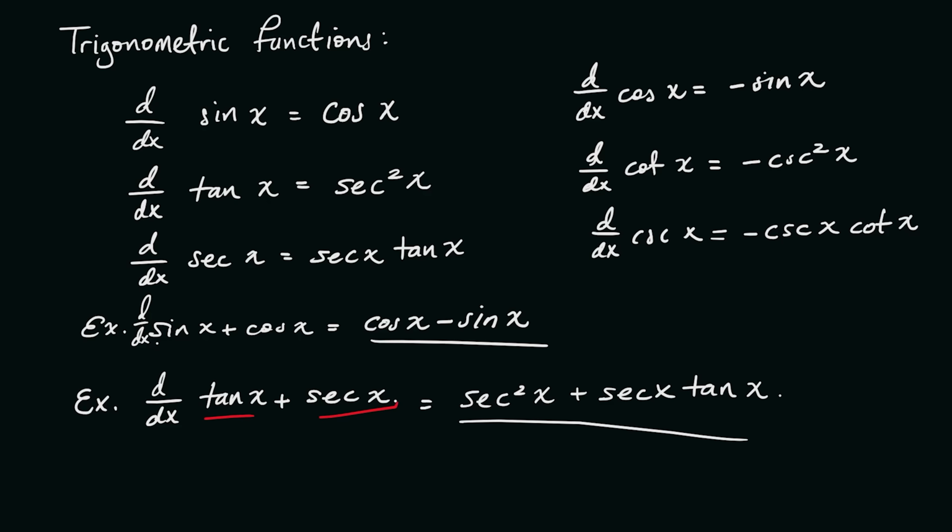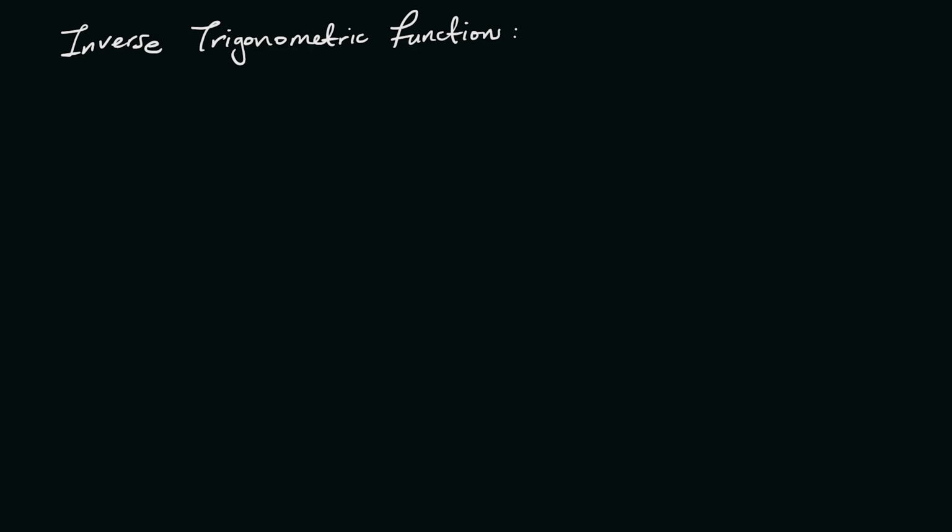Now, you might ask, what if it was inverse trig functions? Because those act a little bit differently here. So inverse trig functions. Now, of course, we're gonna have the same trig functions that we just had, but just the inverse of them.